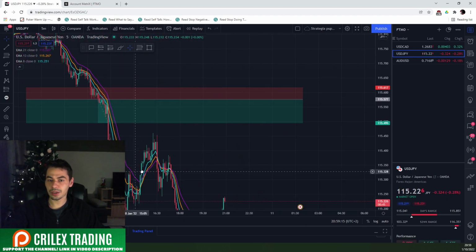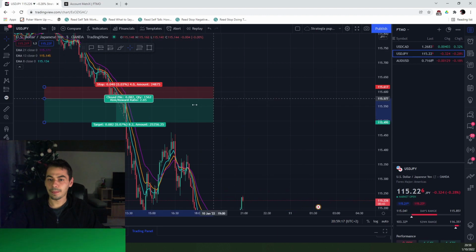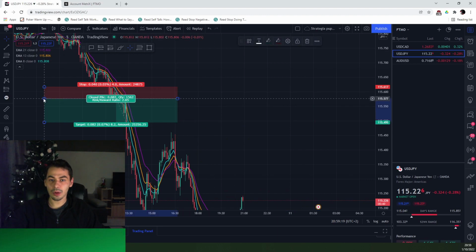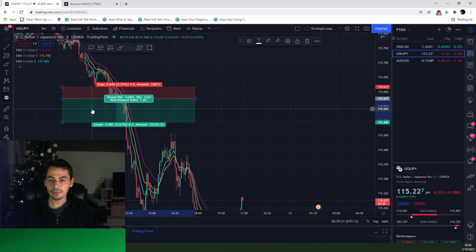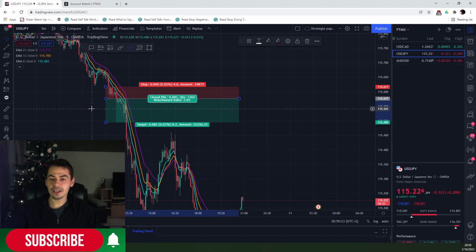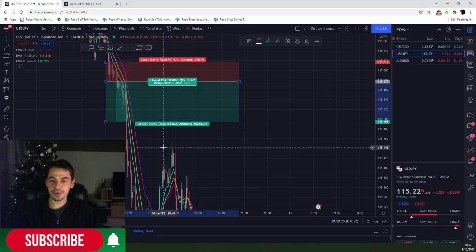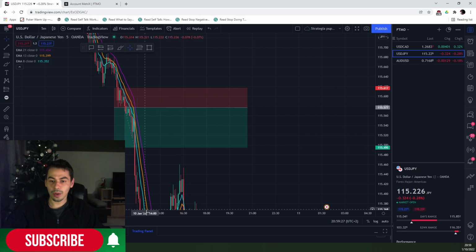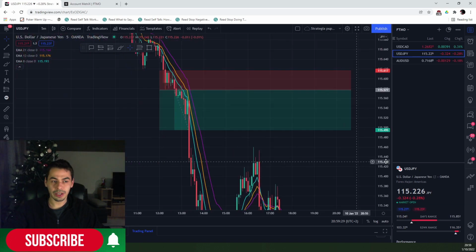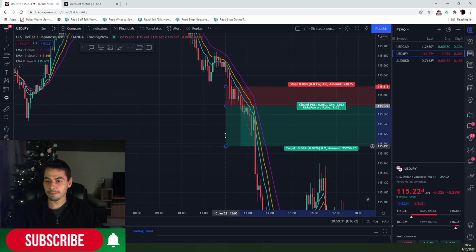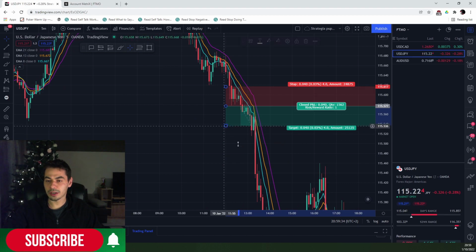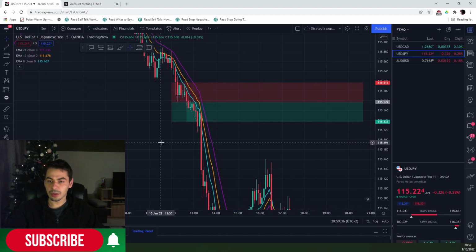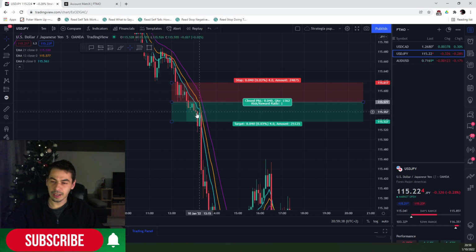Just one second for me to make this a bit smaller. Okay, so as I said, this is what happened after the first position got hit. After the 1-to-1 target got hit right here, we had a small retrace.